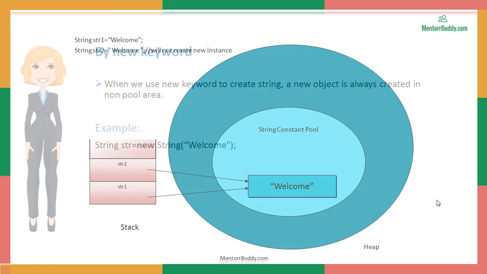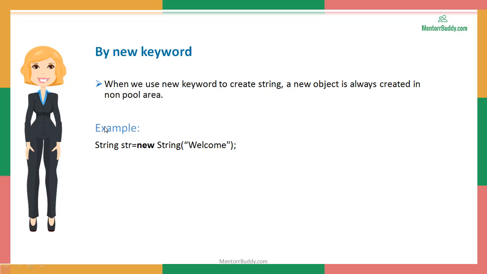Now let us see the other way of creating a string, and that is by using the new keyword. When we use the new keyword to create a string, a new object is always created in the non-pool area. For the example, we make use of the new keyword.